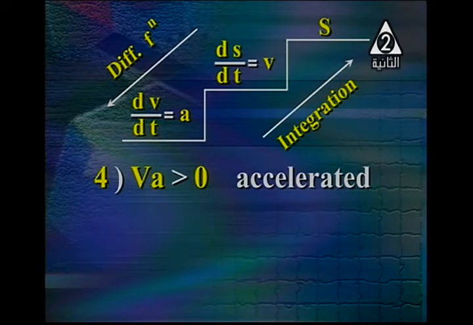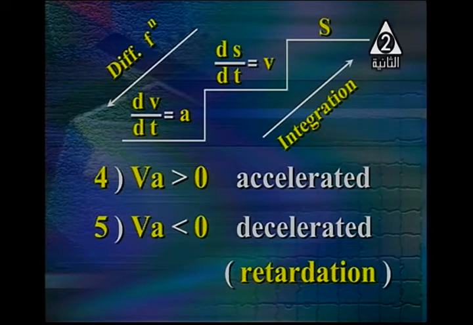When v times a is more than 0, the motion is called accelerated motion, but when v times a is smaller than 0, it is decelerated or retardation motion.